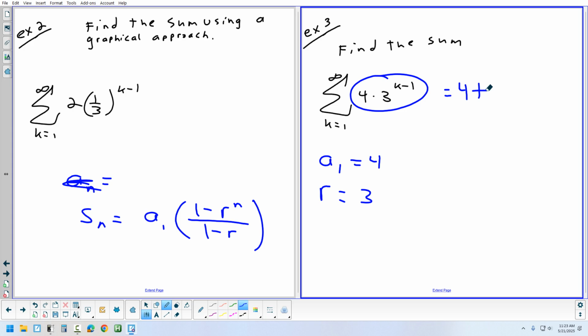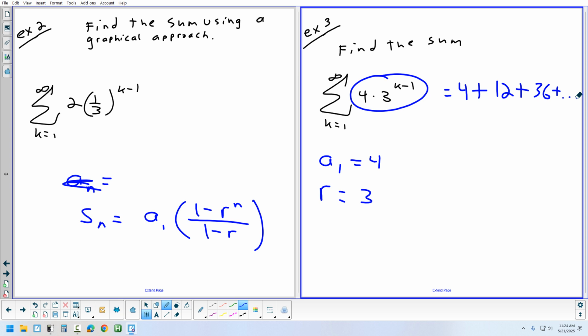If you plug in 2 for k, what would your next term be? Yep, 12. And if you plug in 3 for k, what would your next term be after that? Yep, 36. And so on. You're just multiplying by 3 each time.